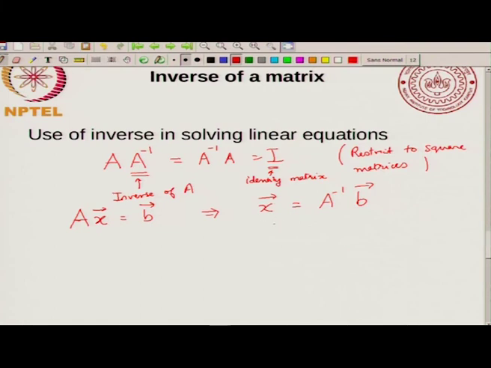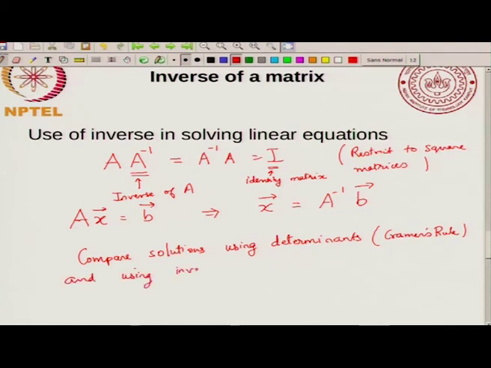So compare solutions using determinants, that is what we called Cramer's rule, and using inverse. What I mean is that the same vector can be expressed in two different ways. One is using the inverse of a matrix and the other is using determinants.